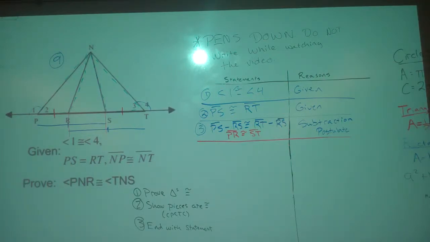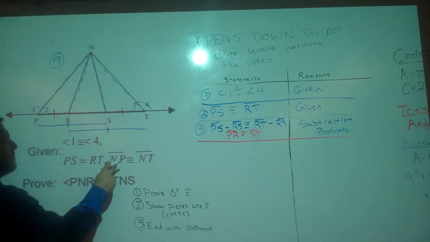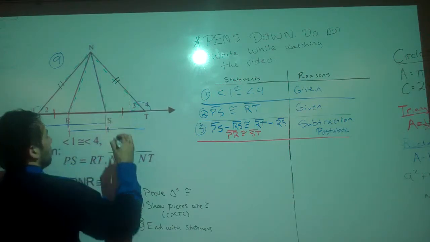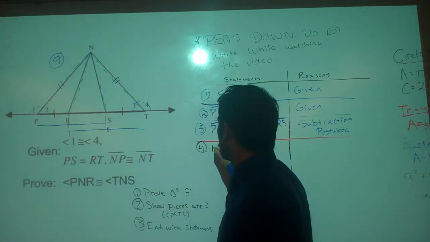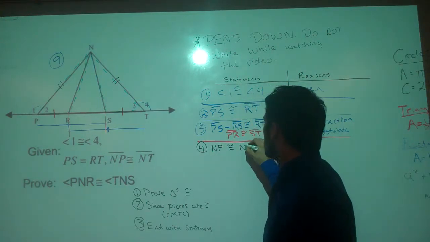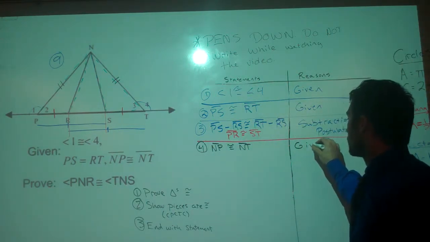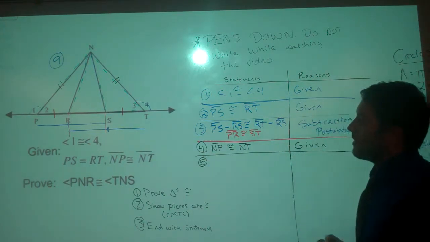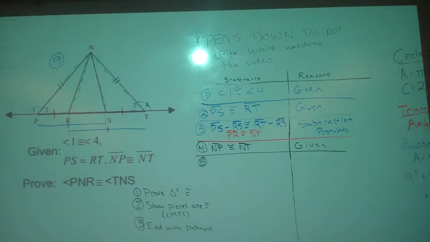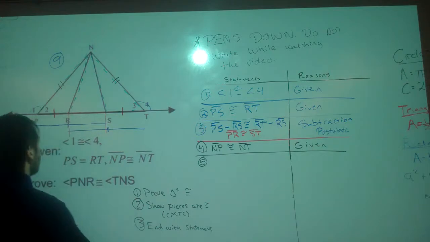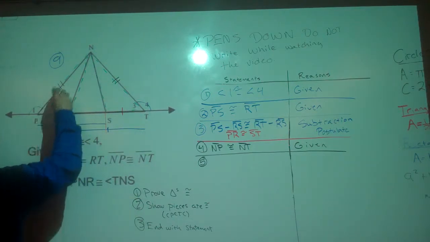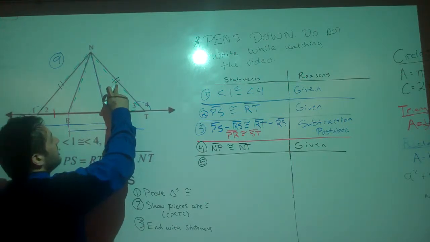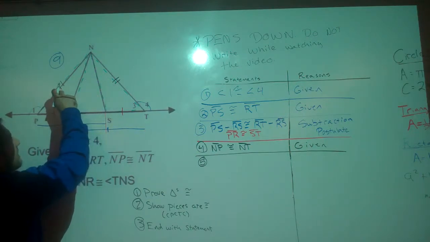The next thing that they told us was that NP is congruent to NT. This was a given as well. From here, I'm going to look at the entire triangle PNT, the biggest one, and I will notice that the triangle PNT has two sides that are the same as each other.